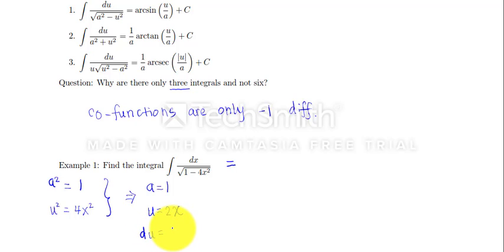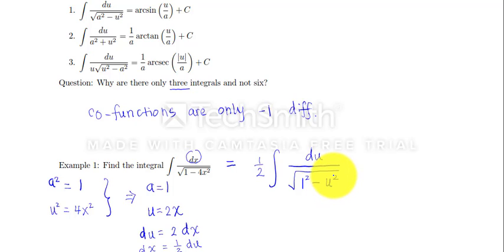Since u equals 2x, du is twice dx. So dx equals 1/2 du. We can replace dx right here by 1/2 du, divided by square root of 1, which is still 1, that is our a, or 1 squared, minus 4x squared became u squared. So we can apply the formula right here.